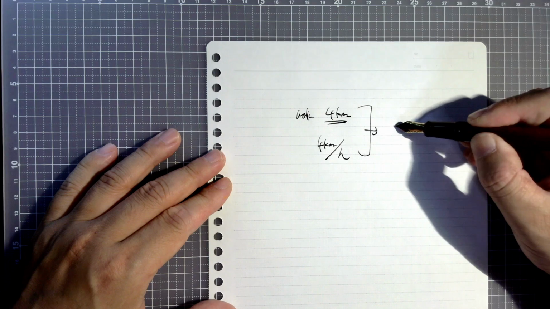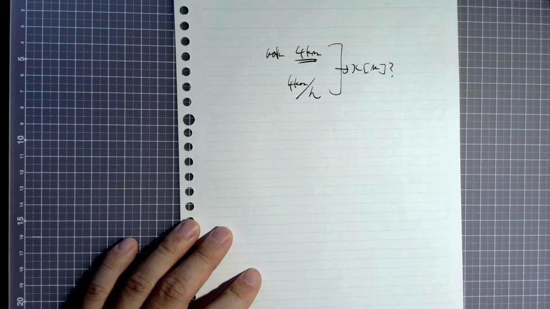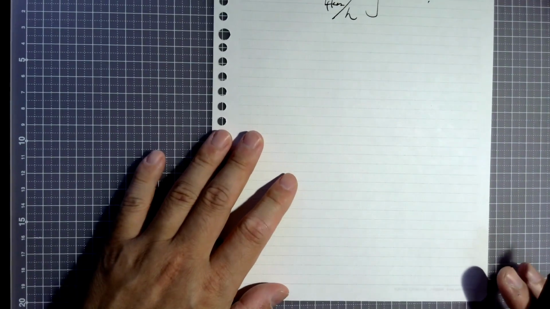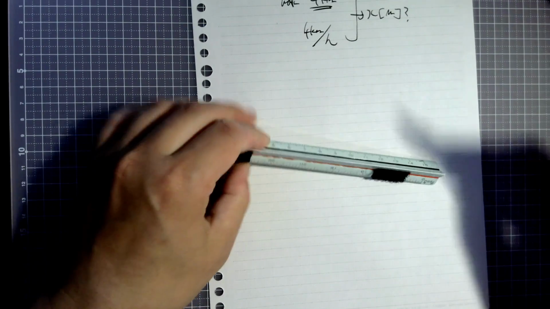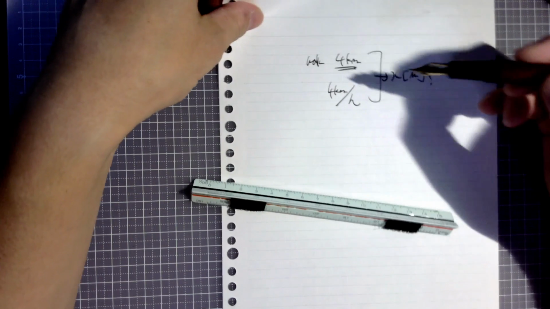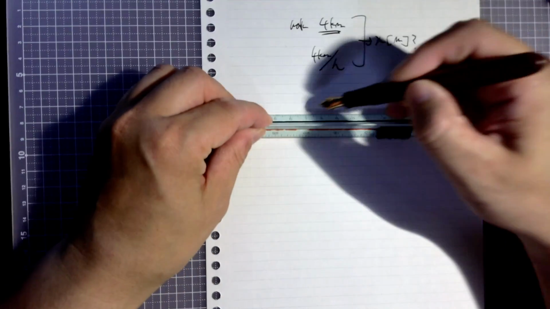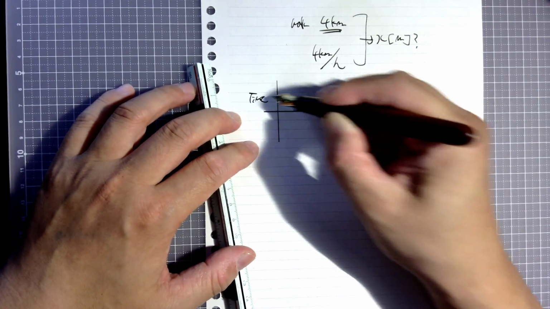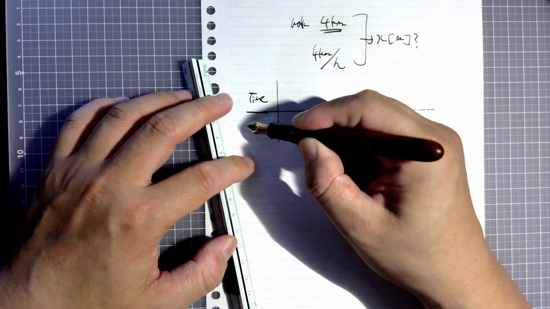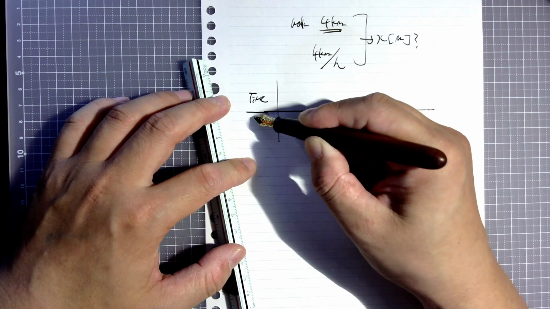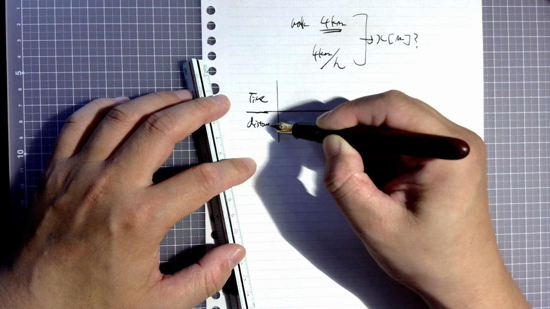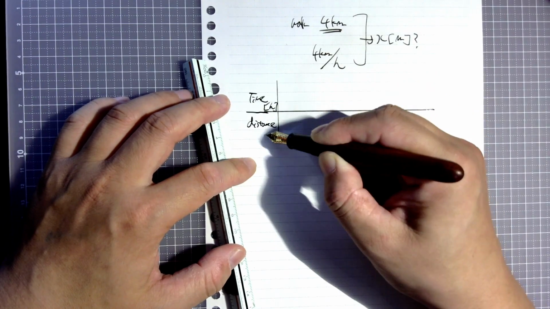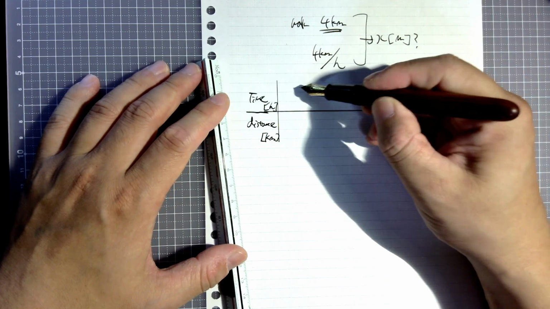Let me make a table about this relationship. The upper row is time in hours, and the lower row is the distance you walked in kilometers.